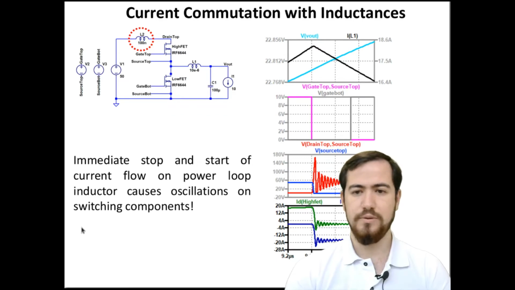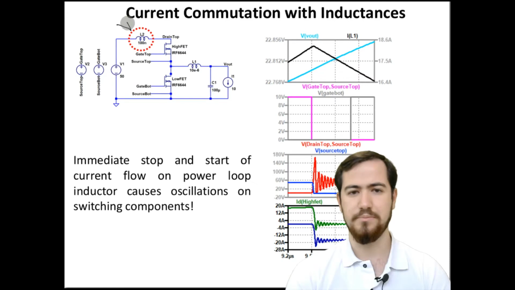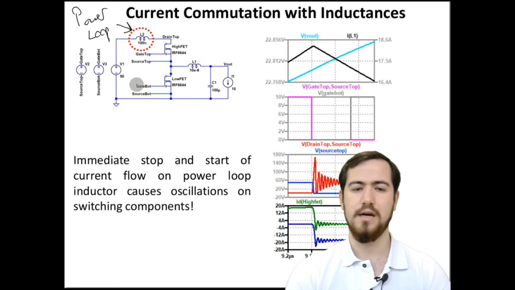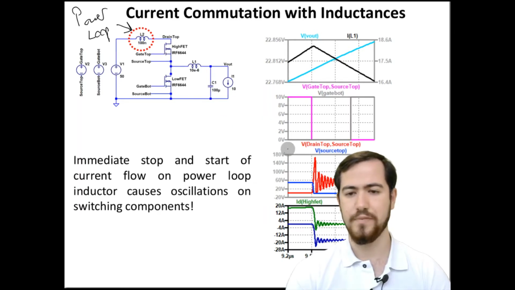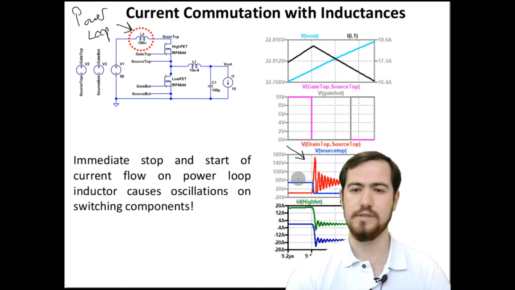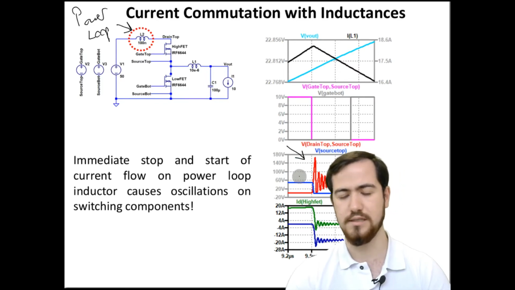Just to remember, when we put a parasitic inductance, which is called the power loop inductance, on the switching path, an instantaneous voltage also emerges on the drain to source terminals of the switching components during switching transients.